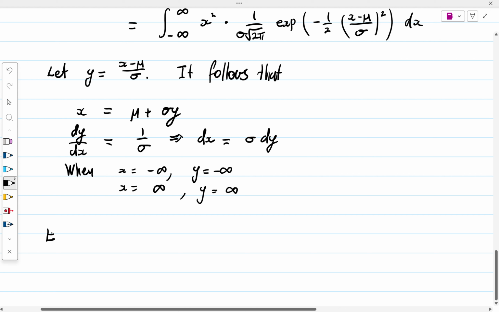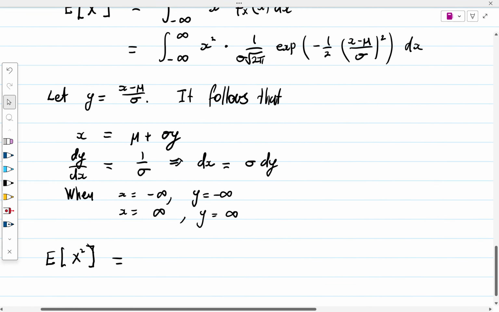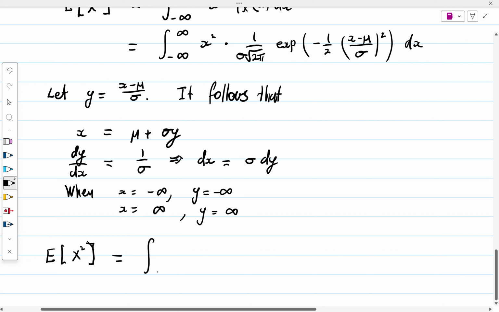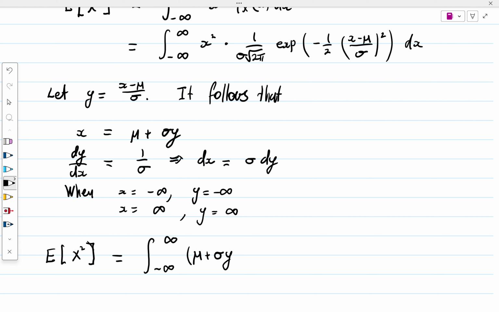So that means that our integral of x squared follows the following. It would become negative infinity to infinity of x squared, which we now rewrite as mu plus sigma y all squared, times 1 on sigma square root 2 pi exp of negative a half y squared sigma dy.